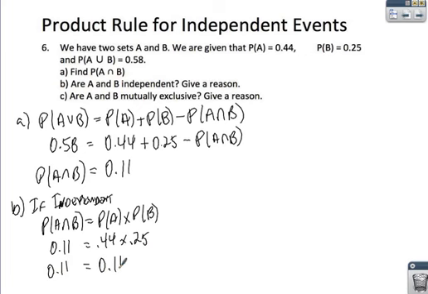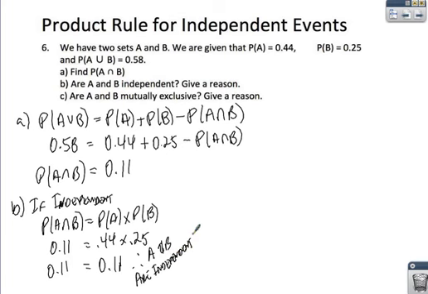Since this equation has given us the same value that we found above, we can conclude that A and B are independent.